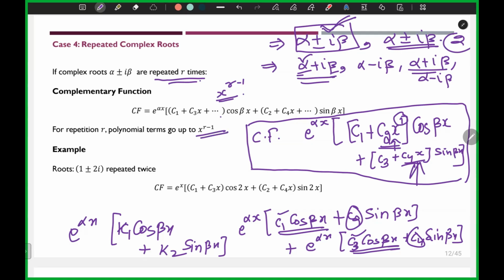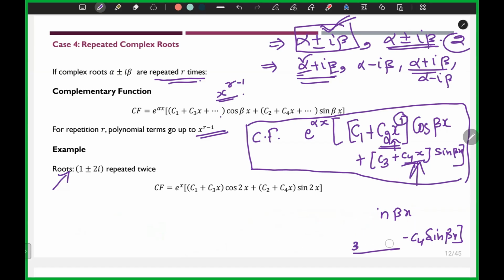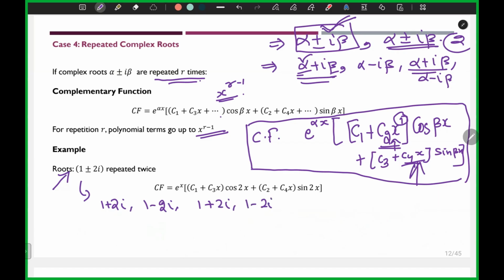So we can look here at the roots 1 plus minus 2 iota, repeating two times. So we will go for the same process again, whatever I have told you. So this is 1 plus 2 iota, 1 minus 2 iota, 1 plus 2 iota, 1 minus 2 iota.